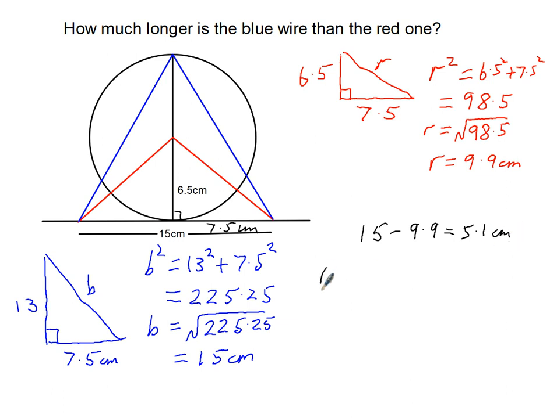So the total is going to be 5.1, not 5.2, 5.1 times 2, which is 10.2 centimetres. Okay, so that's the difference between the length of the red wire and the blue wire.